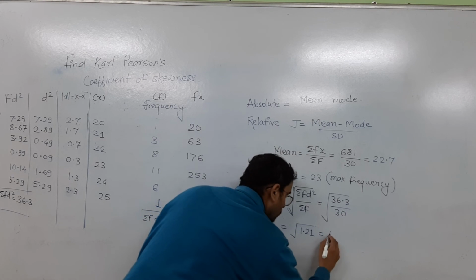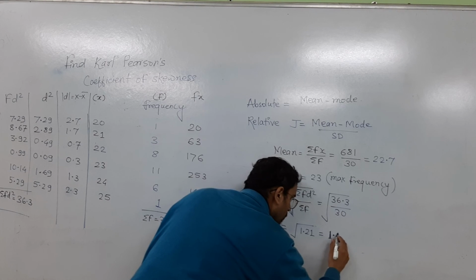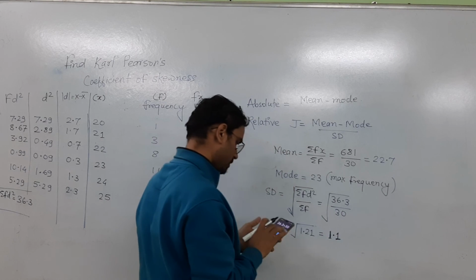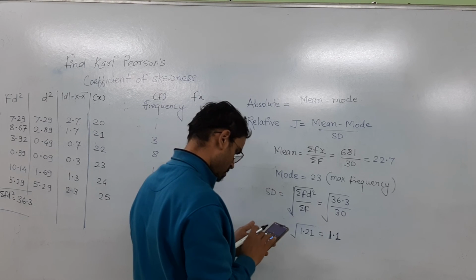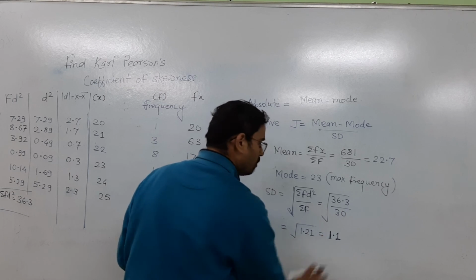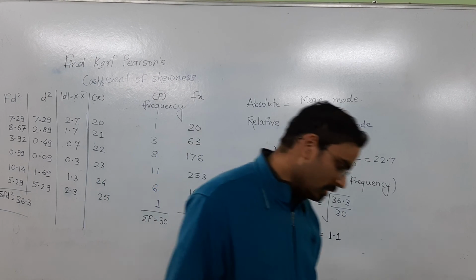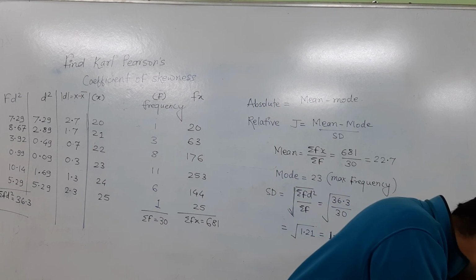And I think the answer is 1.1. So let's take the square root of 1.21. The answer is 1.1. I am checking it here, and 1.1 is the right answer.